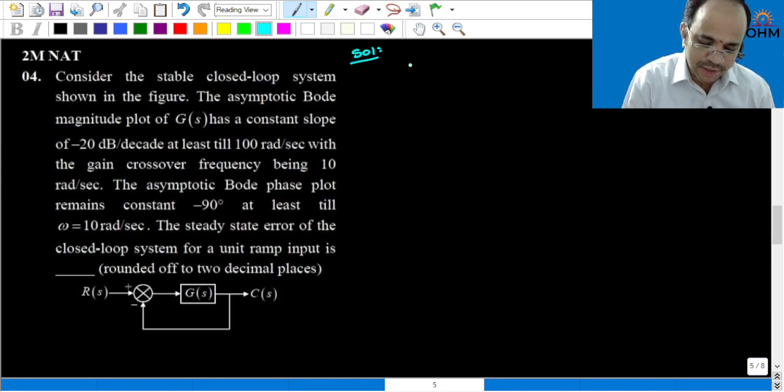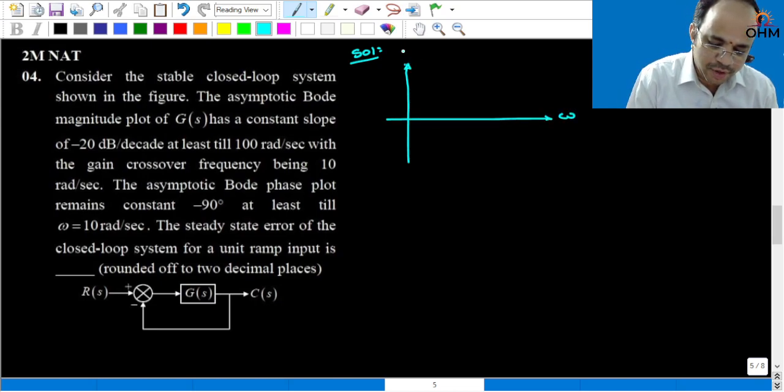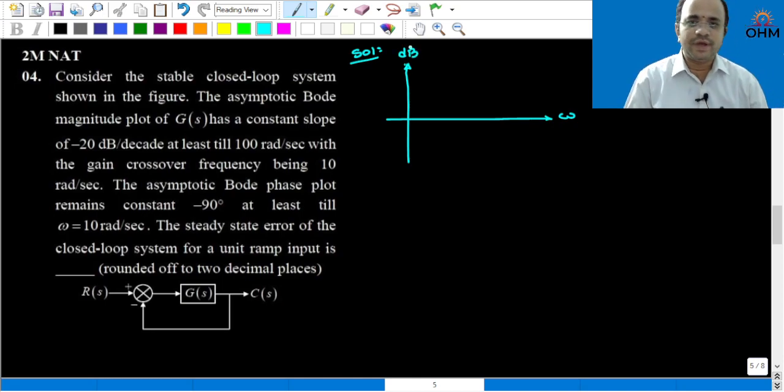Okay, now in this problem, if you understand the given statement carefully, let me take dB on the y axis and frequency on the x axis. The asymptotic magnitude Bode plot of G(s) has a constant slope of -20 dB per decade at least till 100 radian per second.